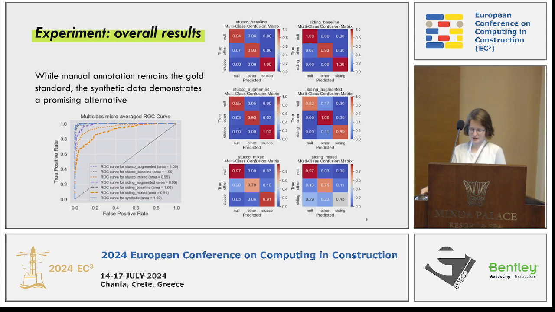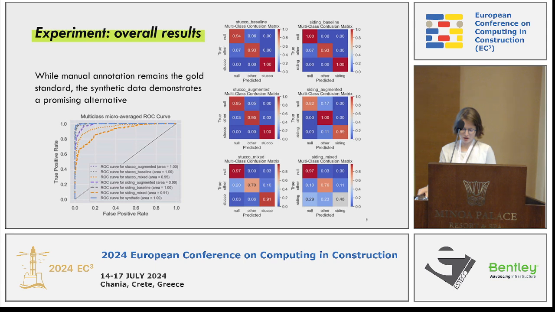So if we had a model just predicting at random, that black line would represent the effect of that. And all the experiments are well above that black line, which shows that they are performing better than random. On the right are the confusion matrices from the baseline, augmented, and mixed experiments.